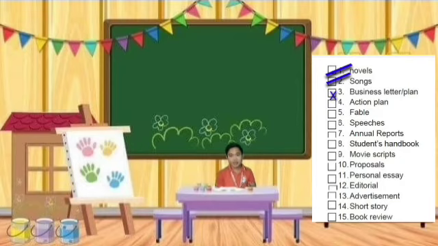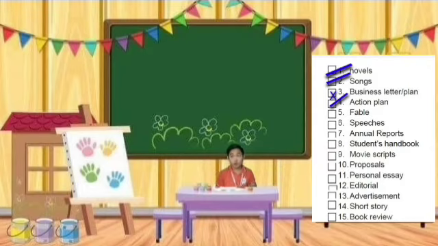Is it an example of creative writing or technical writing? Okay, so it is an example of creative writing.